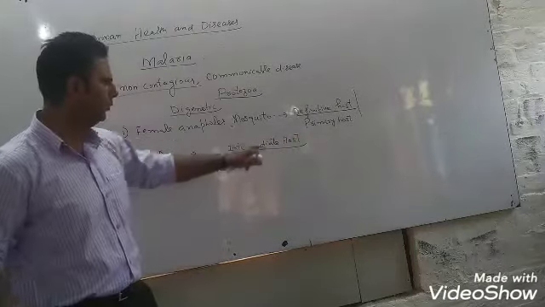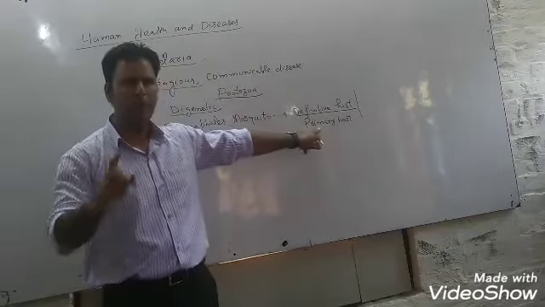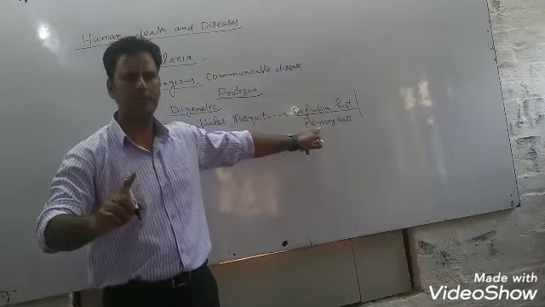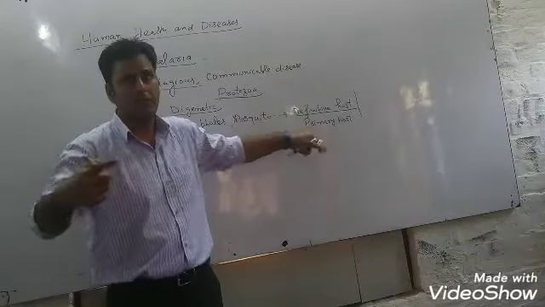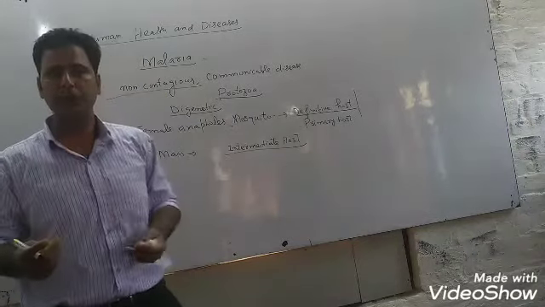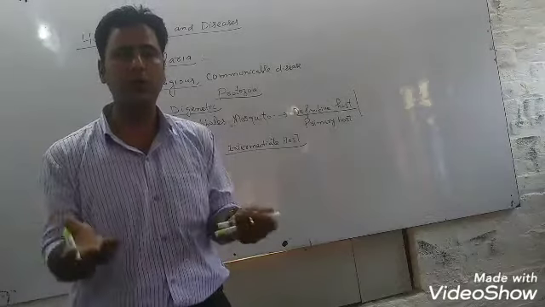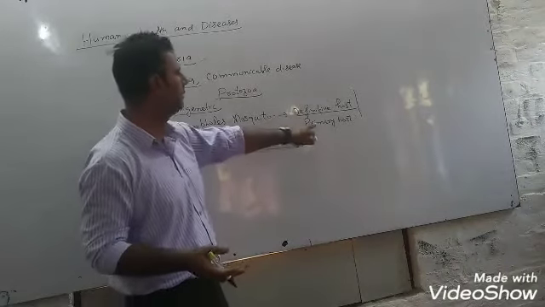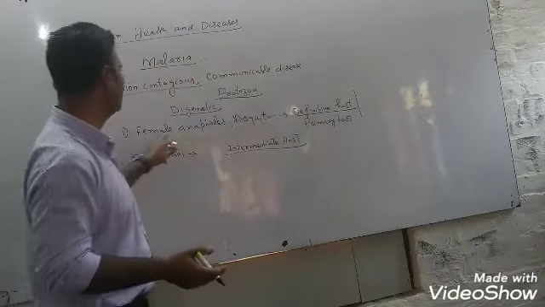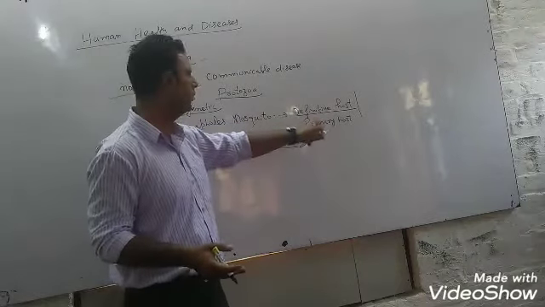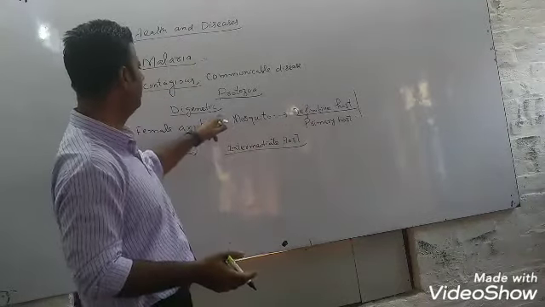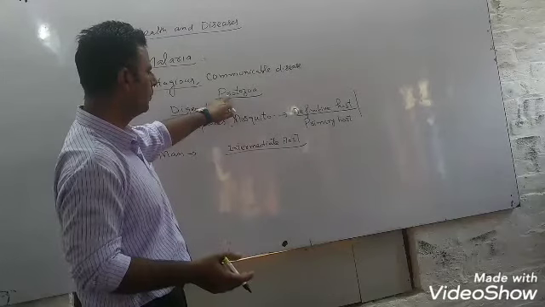Now, what do we mean by primary host? Primary host is any host in which the parasite reaches maturity and completes the sexual events. So mosquito is a definitive host for the protozoa.